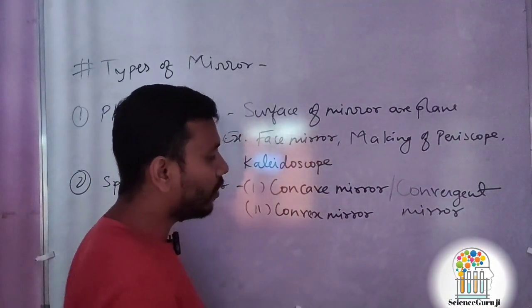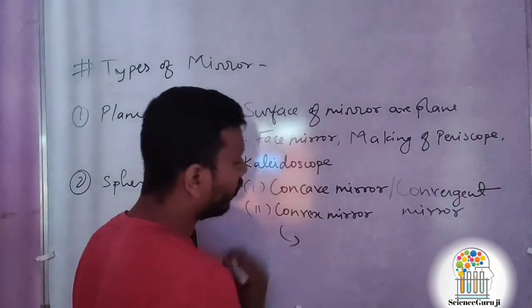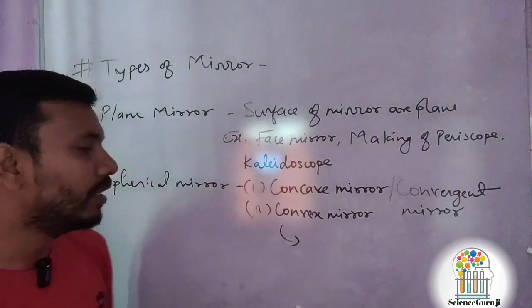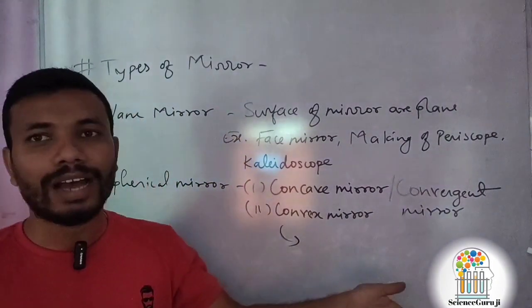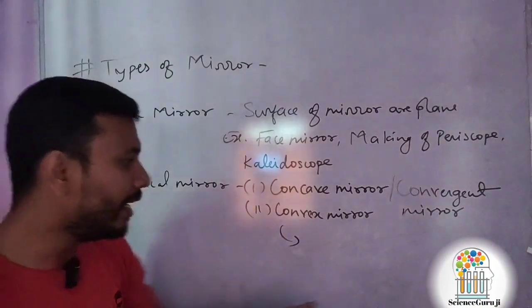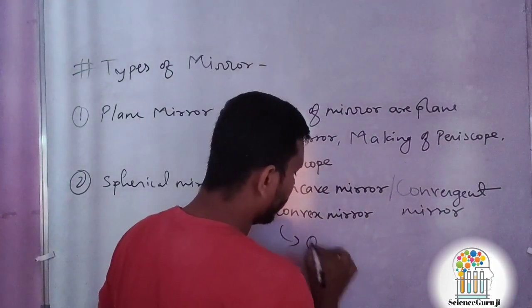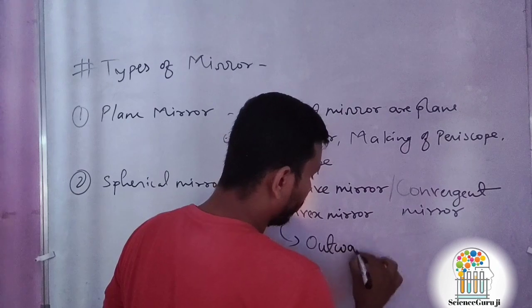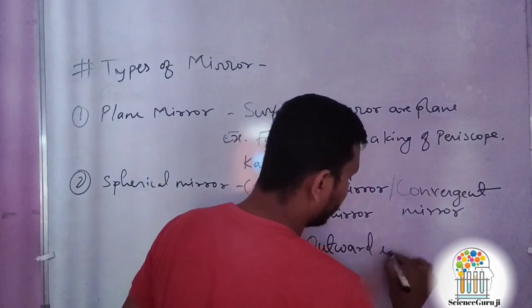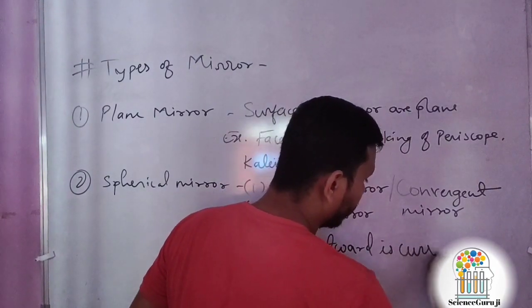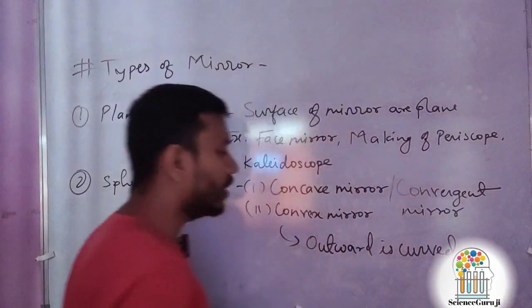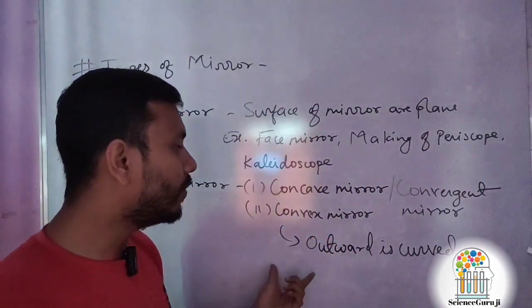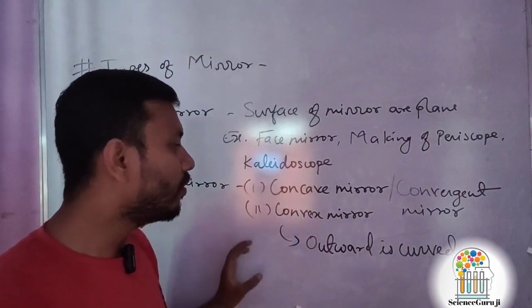Next one is our convex mirror. Basically, convex mirrors are those mirrors whose surface is curved outwards. A spherical mirror whose outward surface is curved is known as a convex mirror.